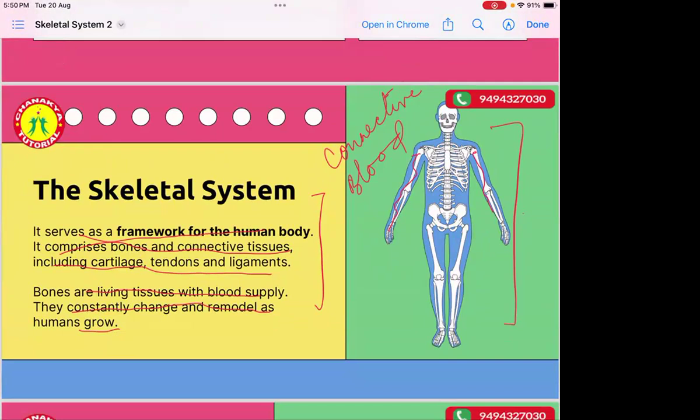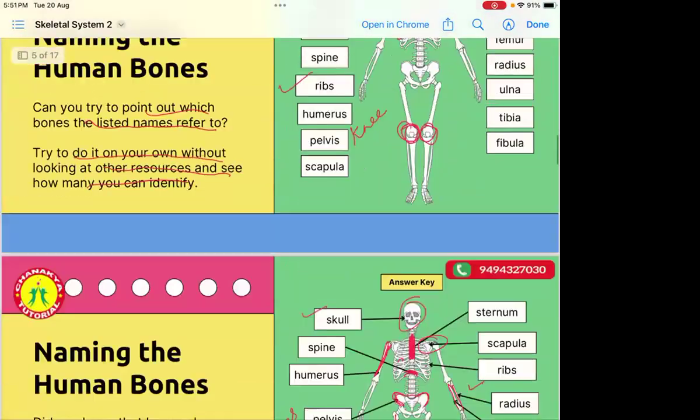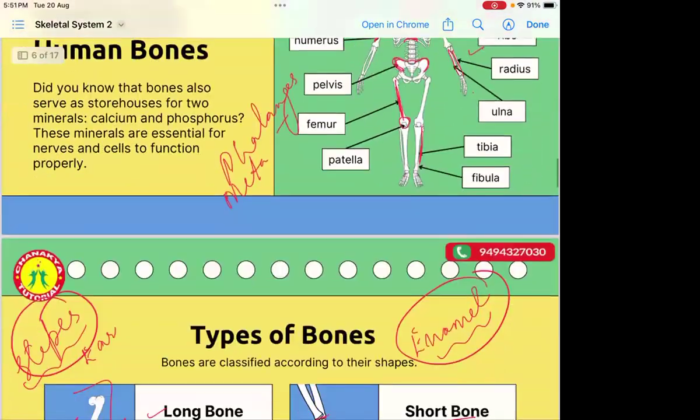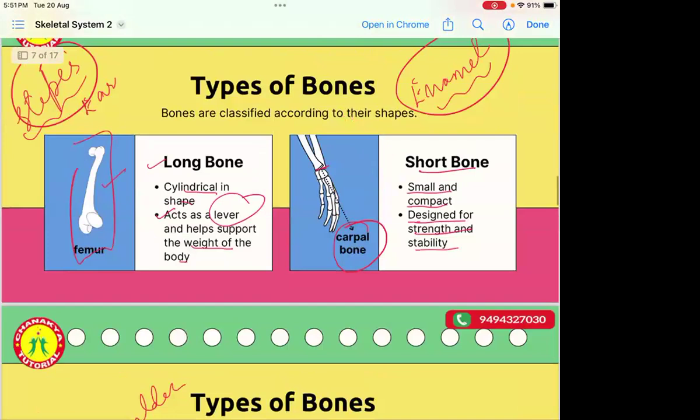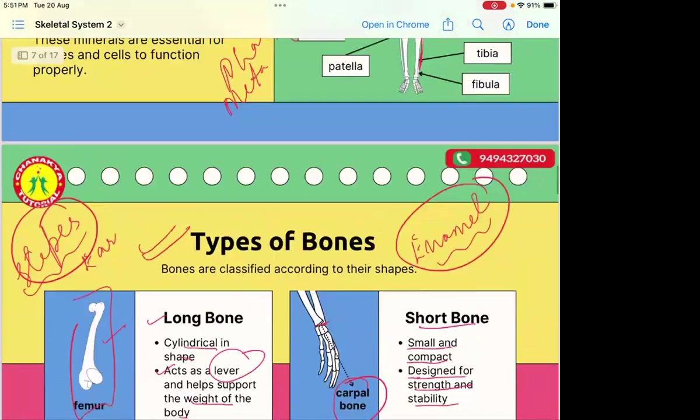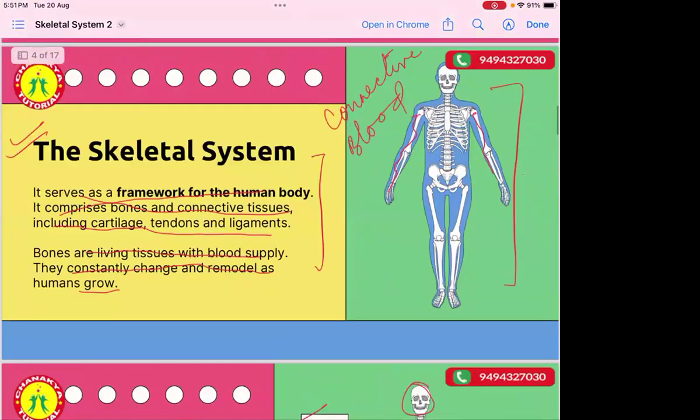Okay, children, so start writing from here. Write the heading, the skeletal system. This slide you should write, the first one, the skeletal system. Then you should write this slide, the second one, this one. So complete these two first of all, then I'll let you know.